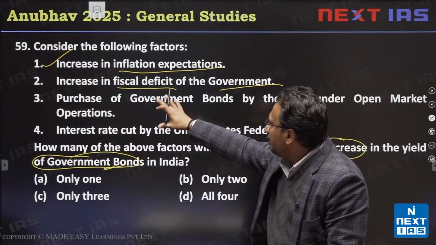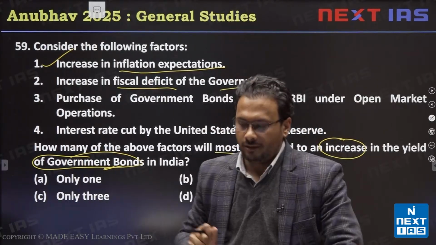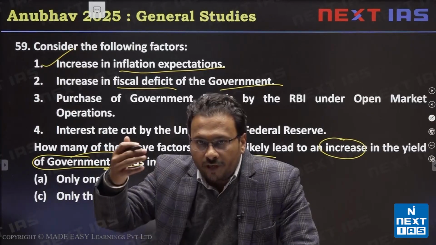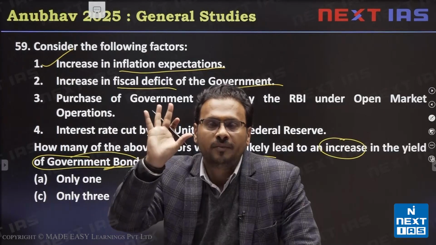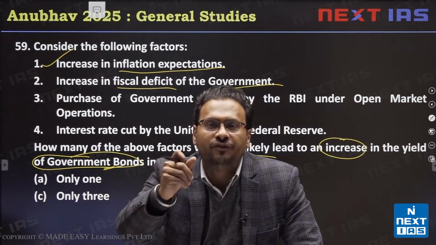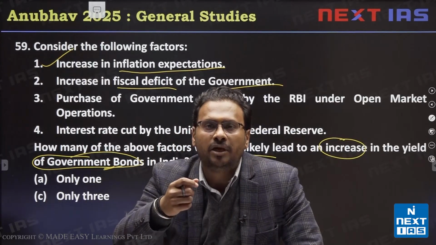If there is an increase in the fiscal deficit of the government, that means the government will borrow more from the market. Right? If the government borrows more from the market, the government will supply more bonds. The increase of bond supply will lead to a situation where the demand will be lesser and supply will be higher.